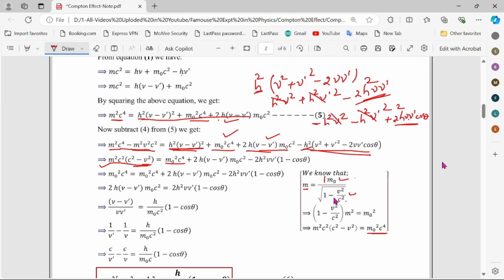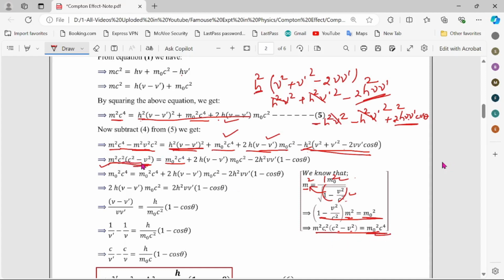First square both sides. If I do the square, it will be m square equal to m naught square over 1 minus v square by c square, and the root is cancelled out. After that I multiply this term with this one, so it will be 1 minus v square by c square into m square equal to m naught square. You just solve it, and we get m square c square into c square minus v square equal to m naught square c to the 4.